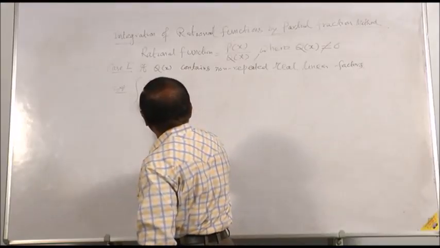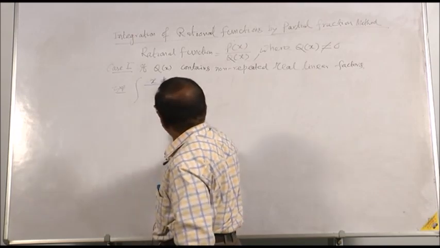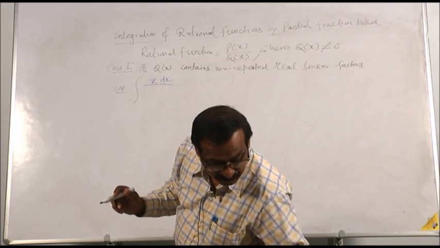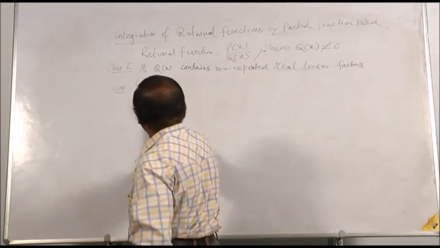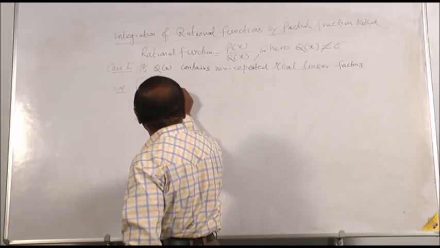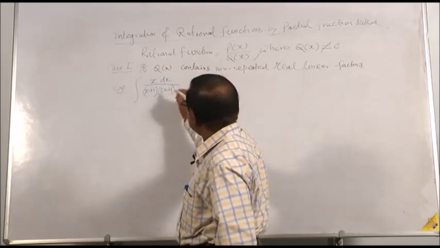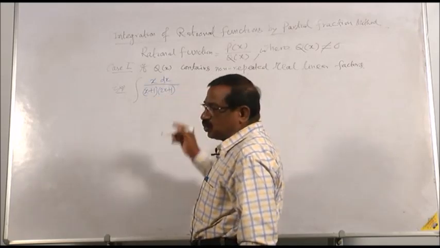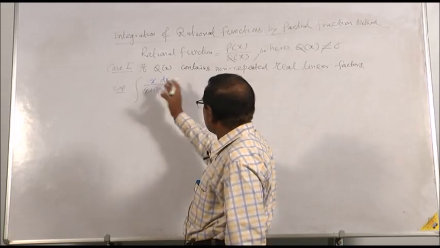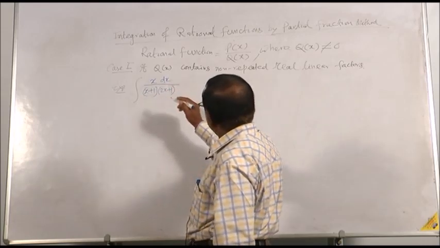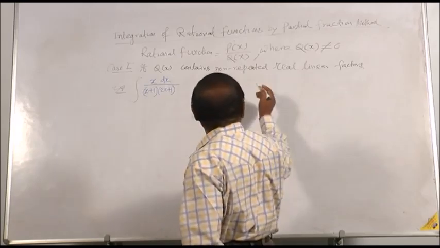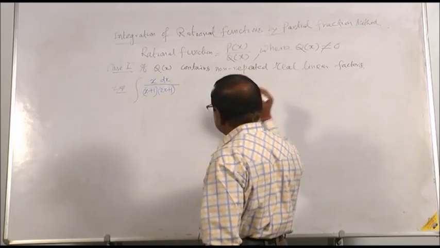Here, the integral of x dx by (x plus 1) into (2x plus 1). You see this denominator Q(x) contains two factors. They are non-repeated because there is no square term or cube term, and the power of this unknown variable x is 1. So these are non-repeated real linear factors.